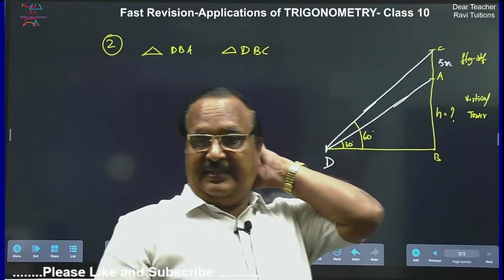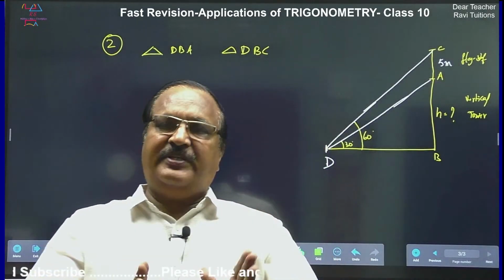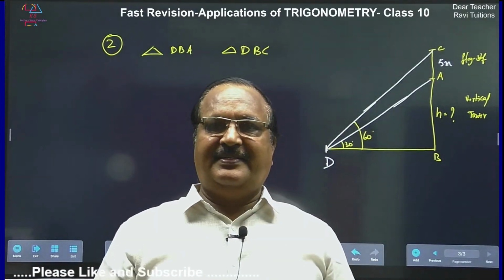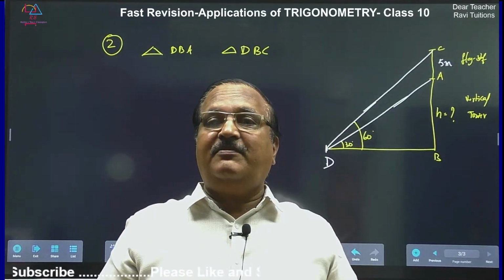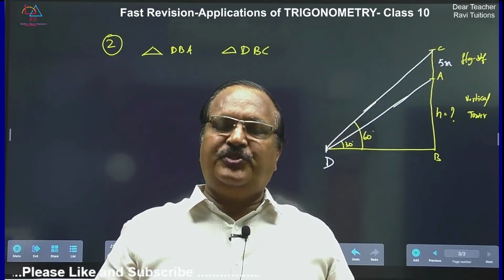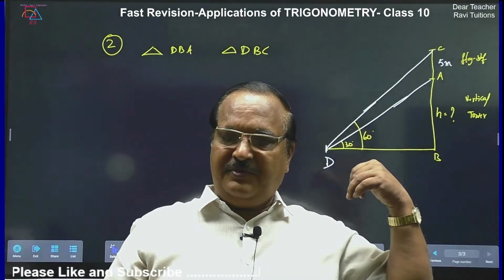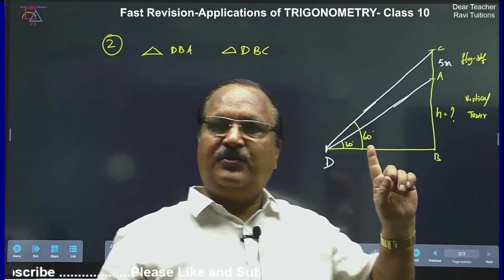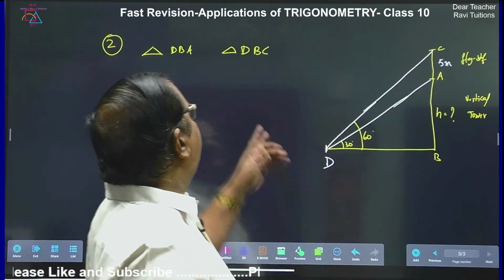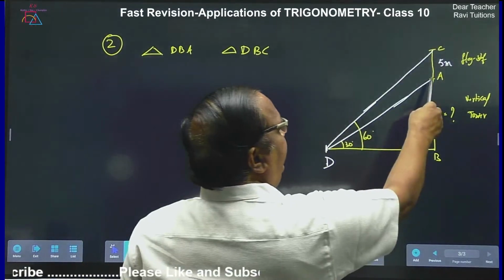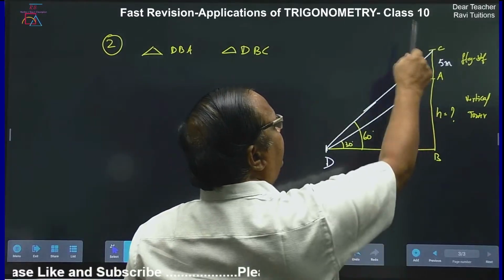In this question, first identify the two right angle triangles, because we have to apply trigonometric ratios, and trigonometric ratios need right triangles. So I have identified DBA, the smaller triangle, and DBC.